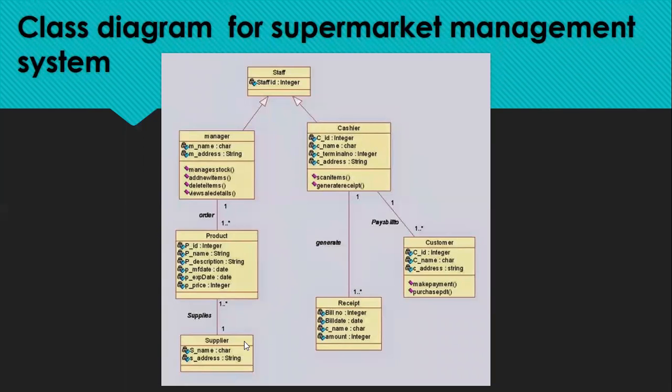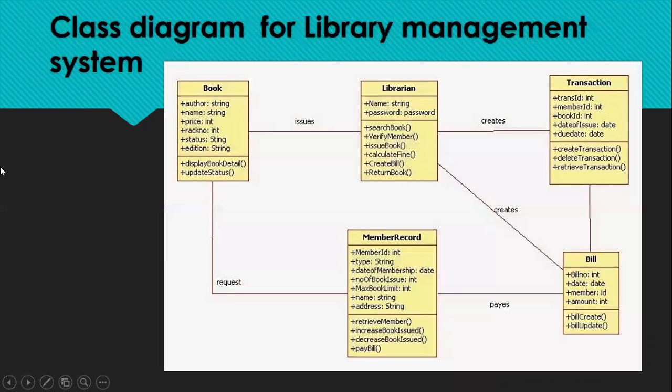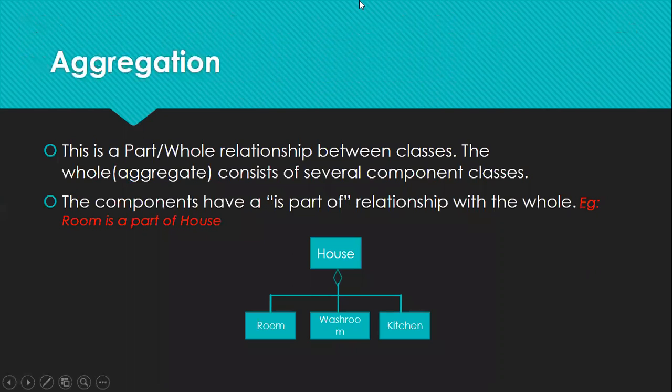You can even mention aggregation or else association. Aggregation can be applied over here, right? With the products, it is not fully dependent but partially dependent on the supplier, isn't it? So that can be added over there, because all these are aggregation.